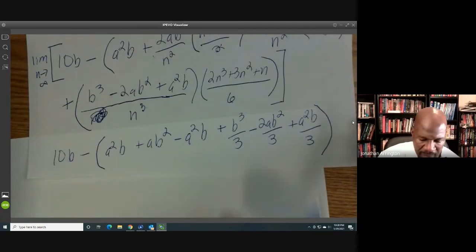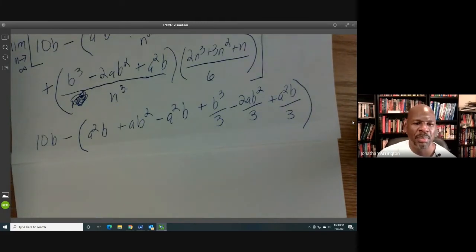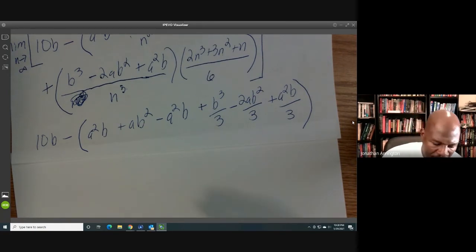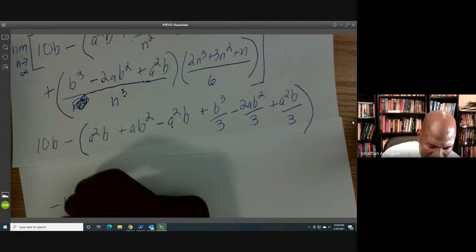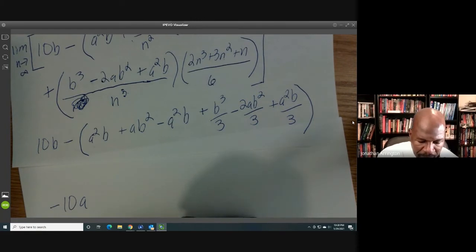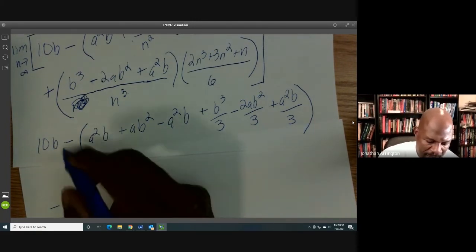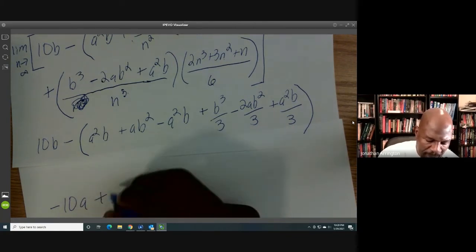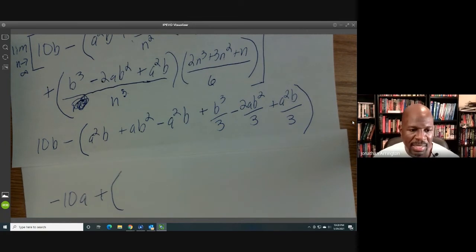And additionally, it's going to remove a b from each term and insert an a into each term. Well, a negative a, but change the sign, so just an a. So, for instance, this 10b is going to turn into negative 10a. And since I'm going to change the sign of everything, I can just make this minus sign a plus sign. And what I'm going to do in here is remove a b and add an a.